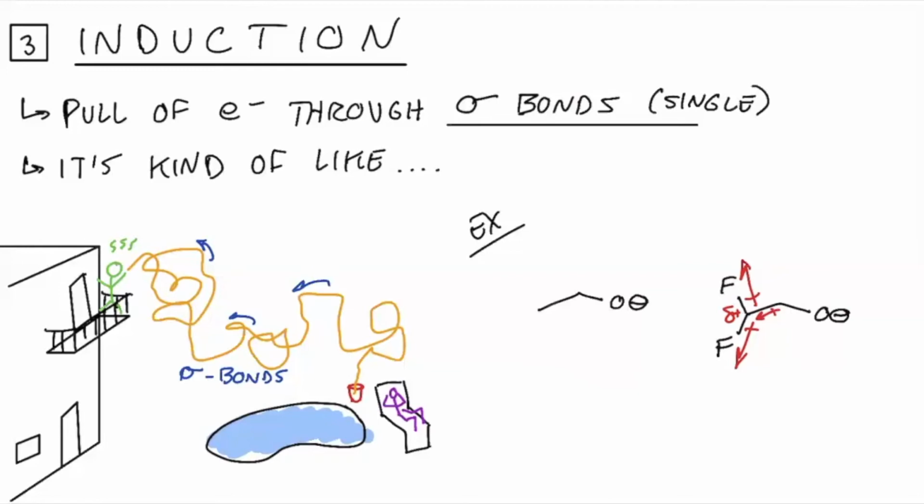So in order to have this induction, you need to have some kind of electronegative atoms. And in our case, it's almost always going to be fluorine or chlorine. Anything else is probably not really electronegative enough to do a whole lot of induction. You may see oxygen, but these two are more common.